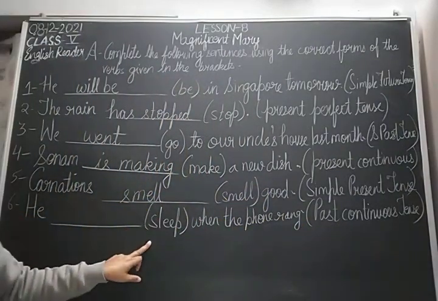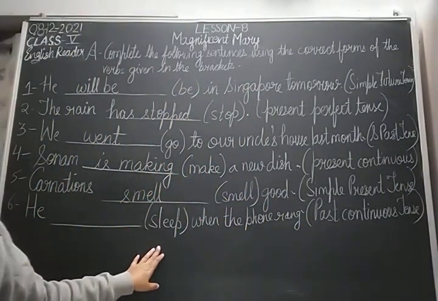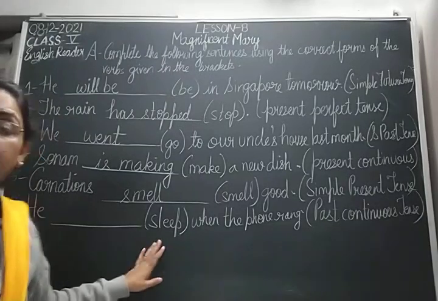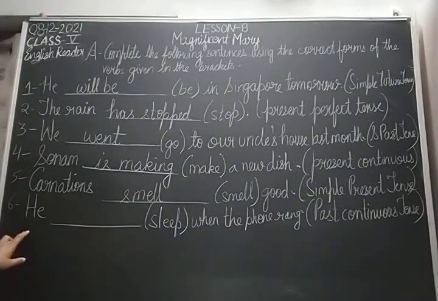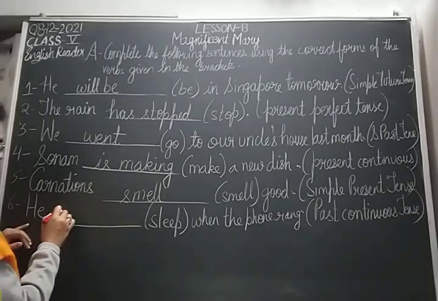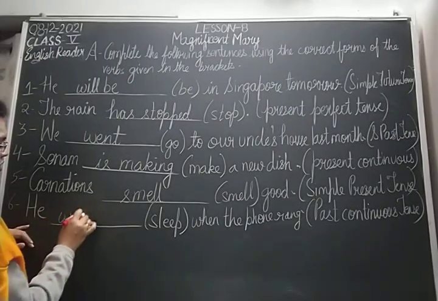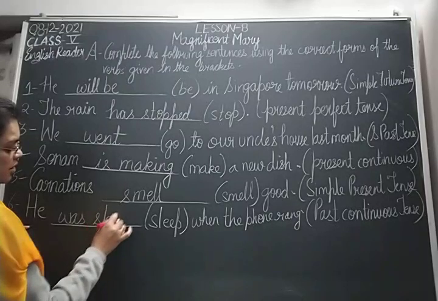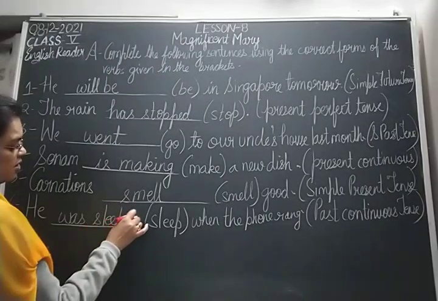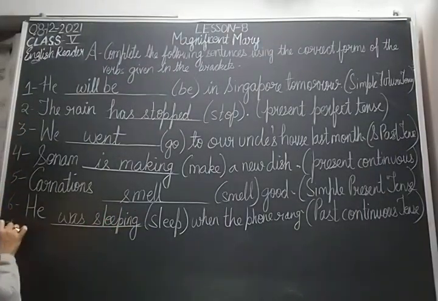And the formula of past continuous tense is was or were as per the subject and the ing form of the verb. So over here the subject is he, so that means singular pronoun. So we will write he was sleeping when the phone rang.